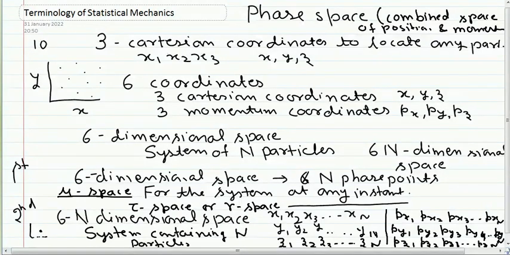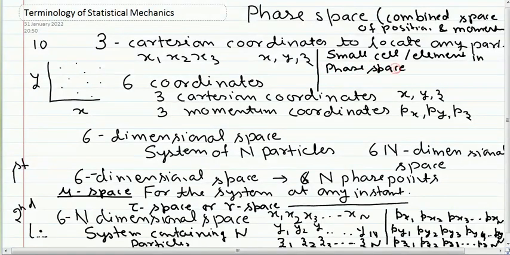Then we can have the smallest cell. We can denote a small cell, or a small element, in phase space.